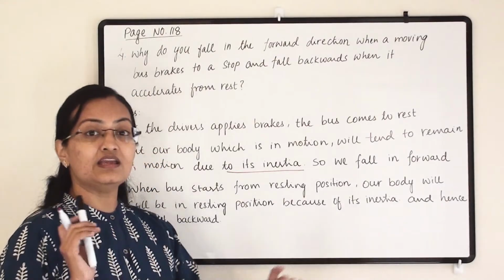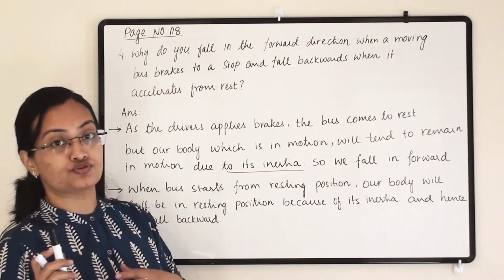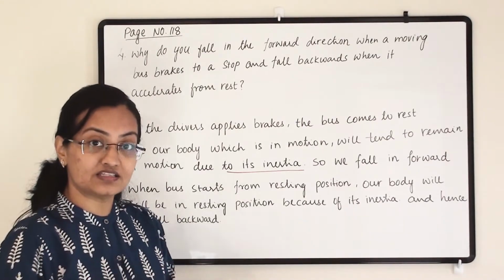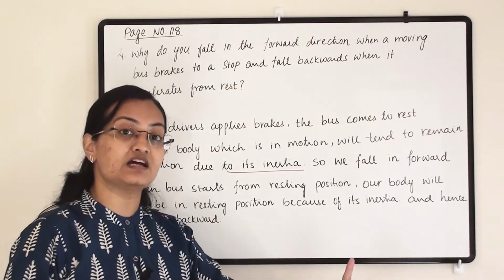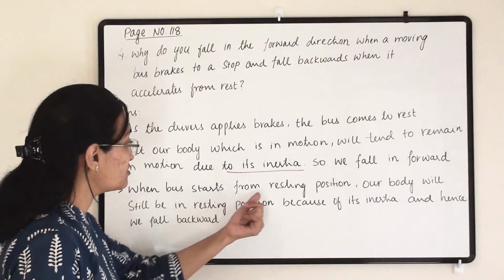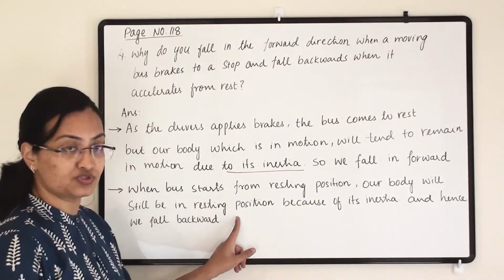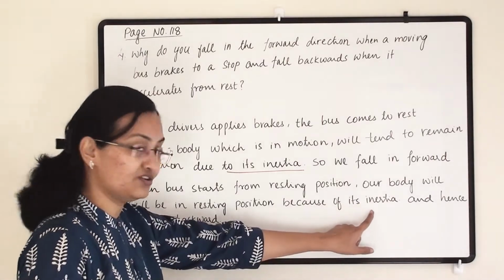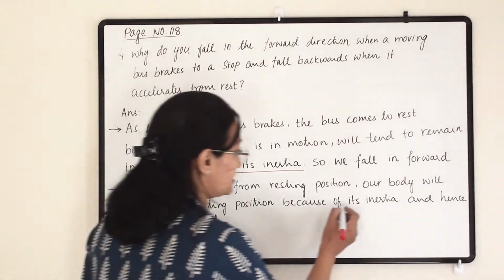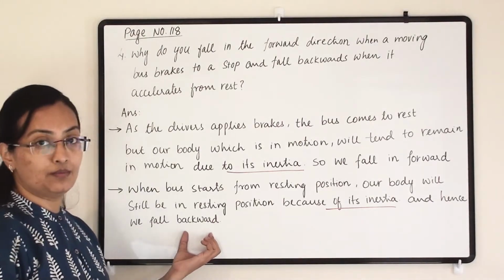So when the bus suddenly starts moving, the passenger stays in the resting position, so they fall backward, or their body will be pushed backward, because they are at rest while the bus has started to move. So the reason is, when the bus starts from the resting position, our body will still be in the resting position because of its inertia. So here again the reason is inertia, and hence we fall backward.